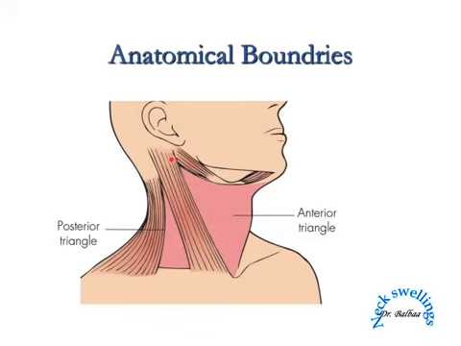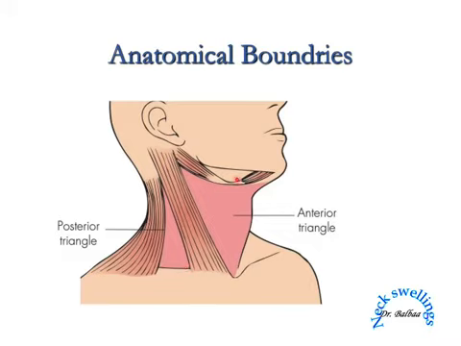The part anterior to the anterior border of the sternomastoid is called the anterior triangle of the neck, and the part posterior to the posterior border of the sternomastoid is called the posterior triangle of the neck. The boundaries of the anterior triangle are the anterior border of the sternomastoid, the midline, and the lower edge of the mandible. While the posterior triangle is bounded by the posterior border of the sternomastoid, the anterior border of the trapezius muscle, and the clavicle.